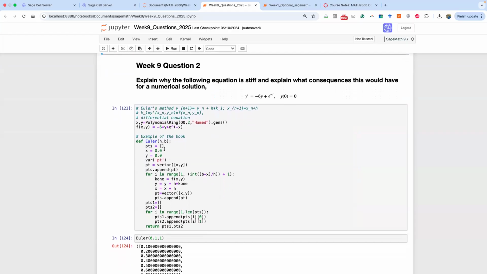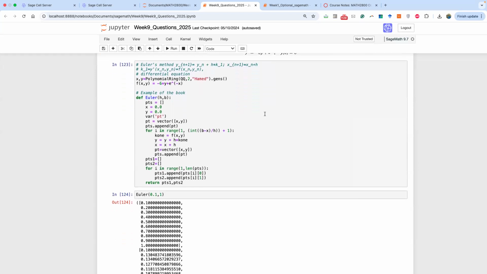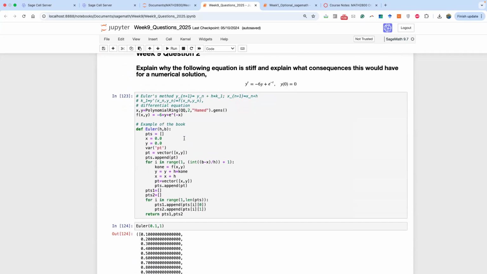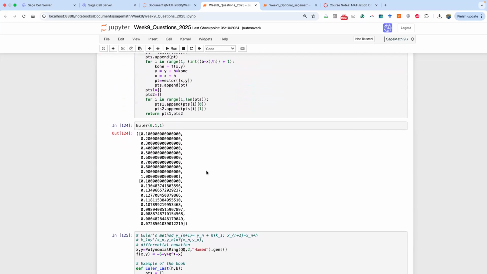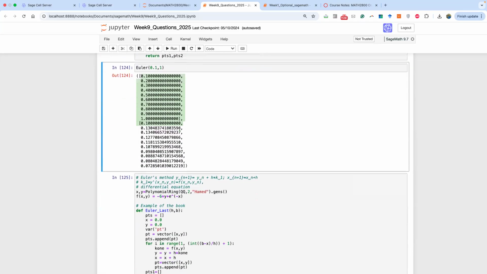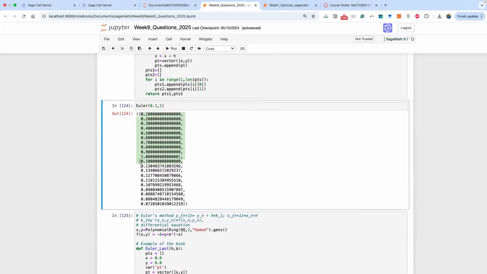So again, using our fancy algorithm implementation, Euler's method, y prime equals minus 6y plus e to the minus t. You see that from 1/10 and y of 1, we can still code it up using this powerful implementation, and we can get the answer.